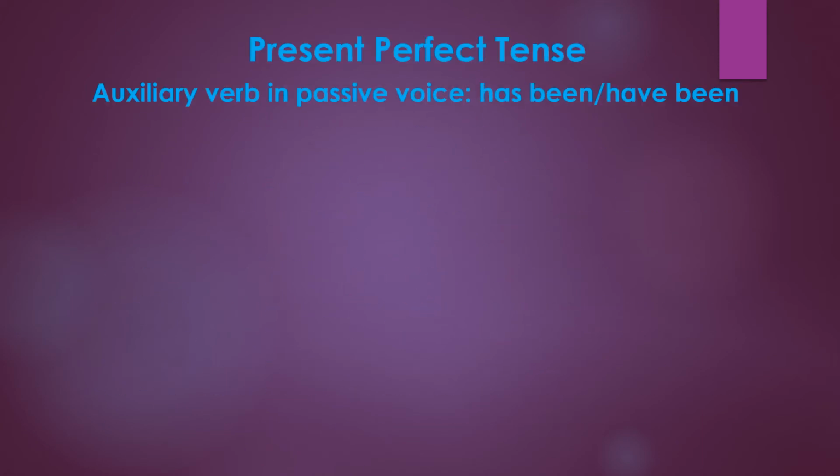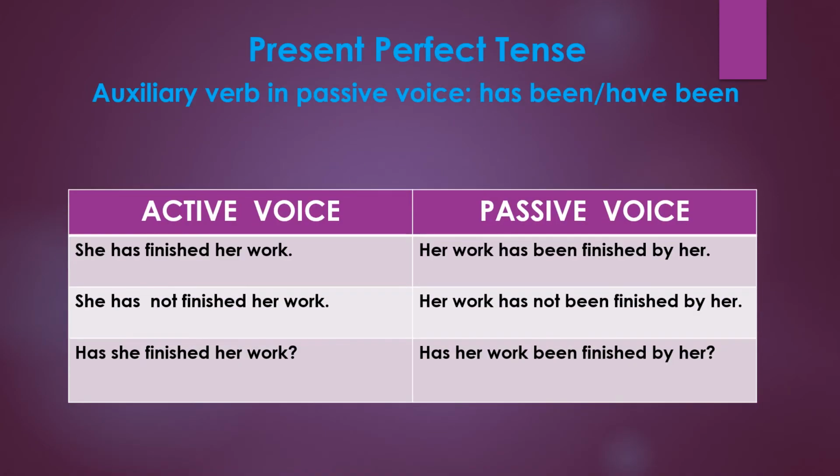Now let's see about the present perfect tense. In the structure for passive voice, the auxiliary verbs we need to use are has been and have been. And I hope with my previous PPT, that is tense, it was very clear to you when to use has and when to use have.